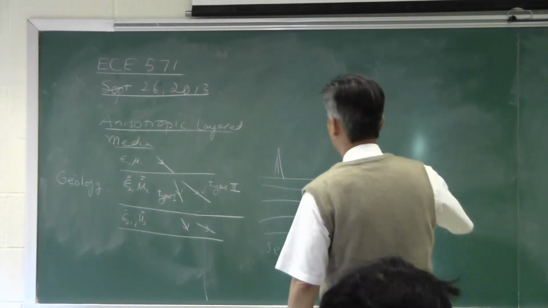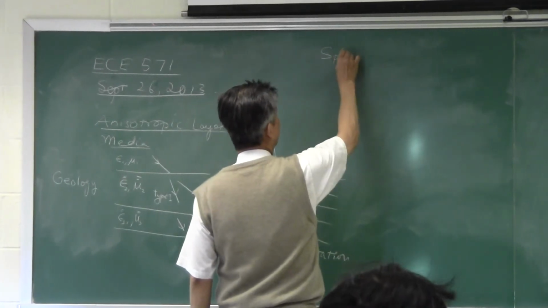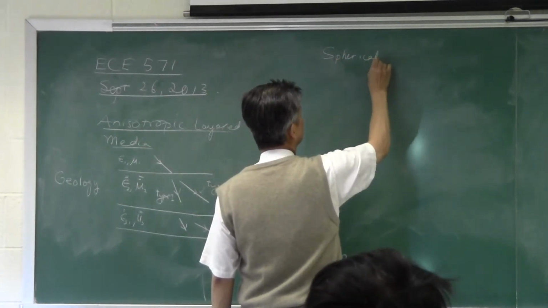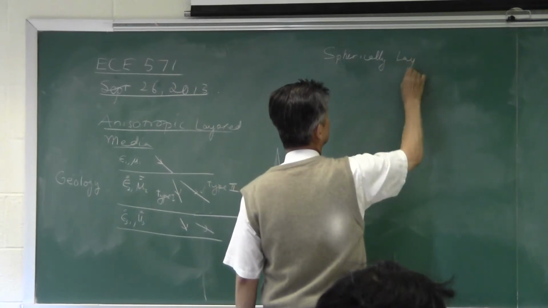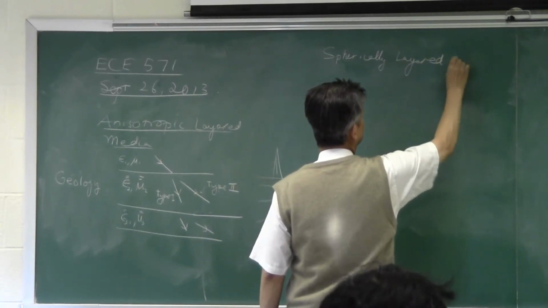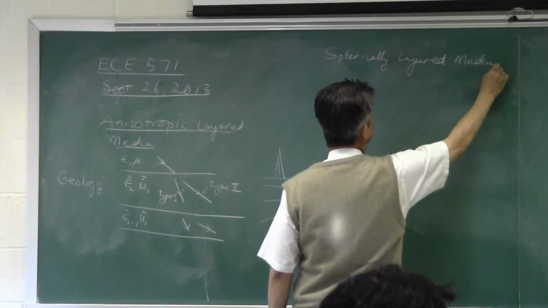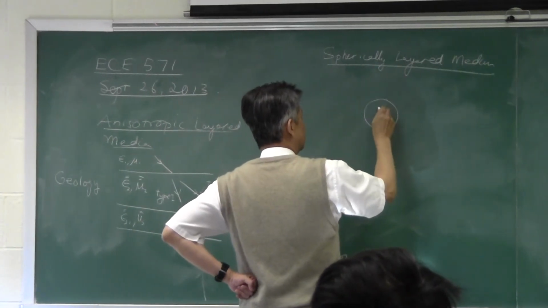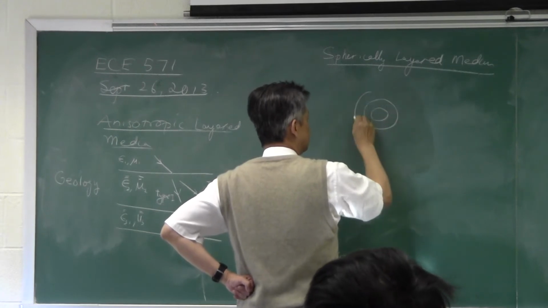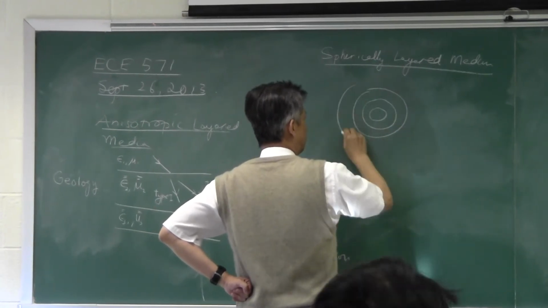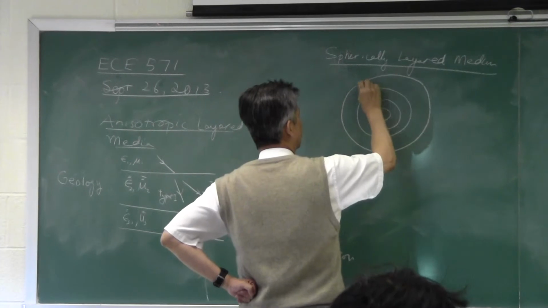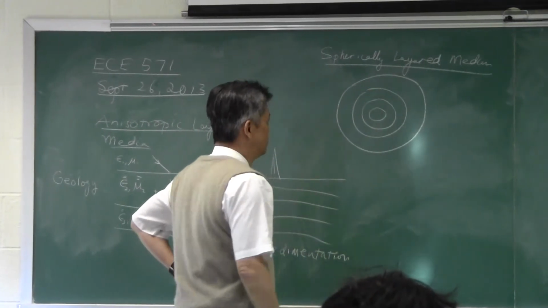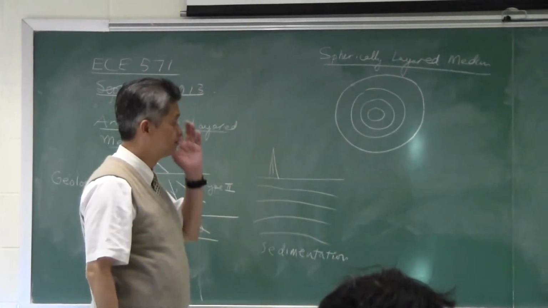Okay? Today I'd like to talk about spherically layered medium. That is, if you have a sphere that is layered as such, how do we solve for the solution of such a problem?